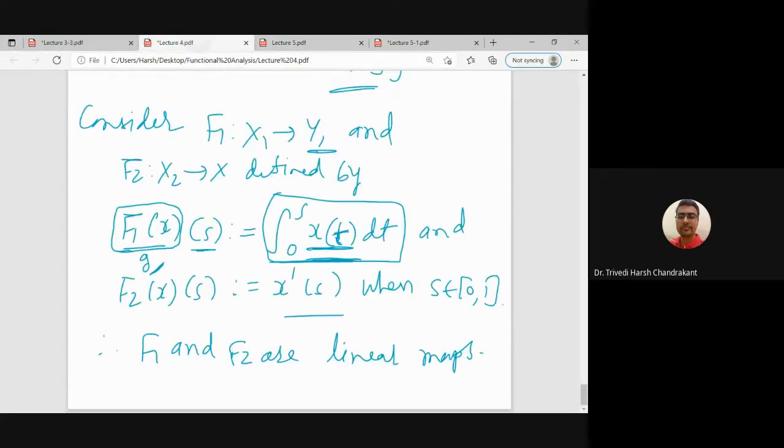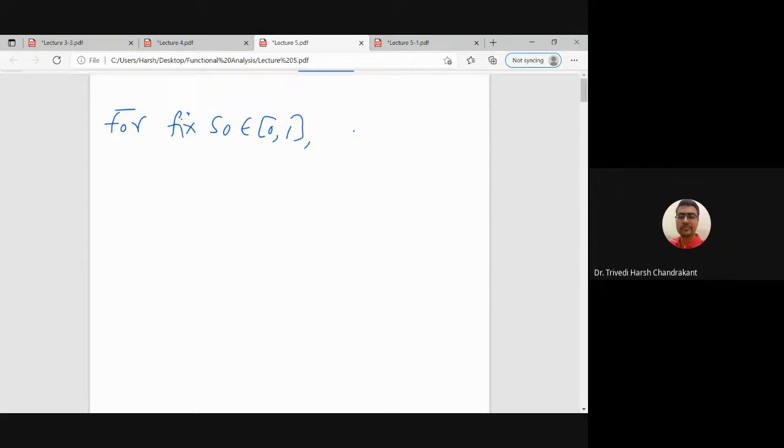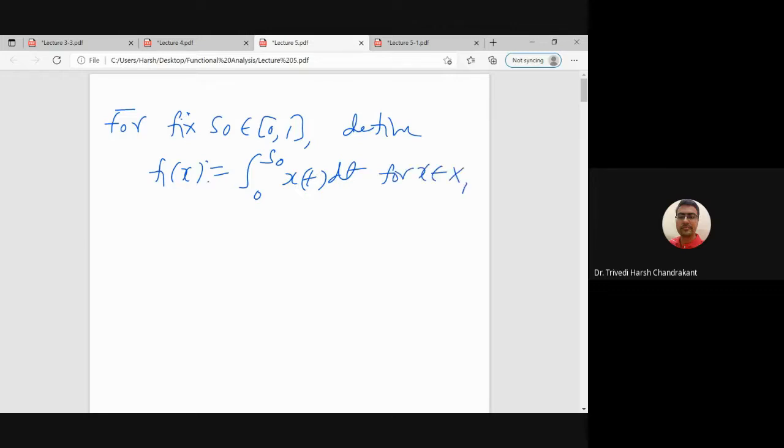Okay. So these are not functionals, but if we fix the point s, then they become functionals. For a fixed value s naught in the closed interval 0 to 1, define f1 of x equals the integral from 0 to s naught of x of t dt, for x in x1, and f2 of x, which we are defining, is x dash of s naught for x in x2.